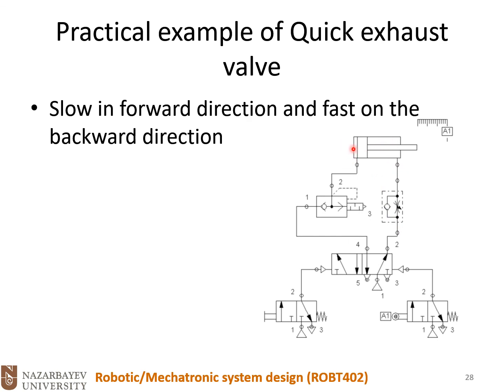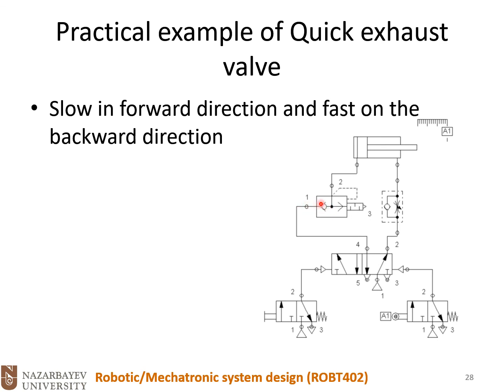However, the air in this chamber should be exhausted. Normally, the air will be exhausted through the directional valve to the atmosphere. But when we have these quick exhaust valves, air doesn't need to go all the way to the directional valve, and we will have a shortcut to the atmosphere. So the air will come here and push this ball to the left.